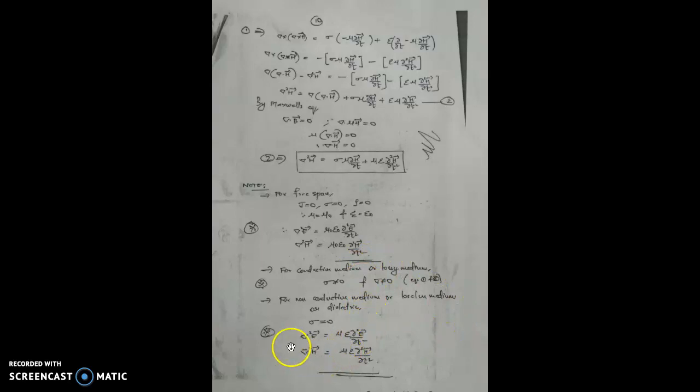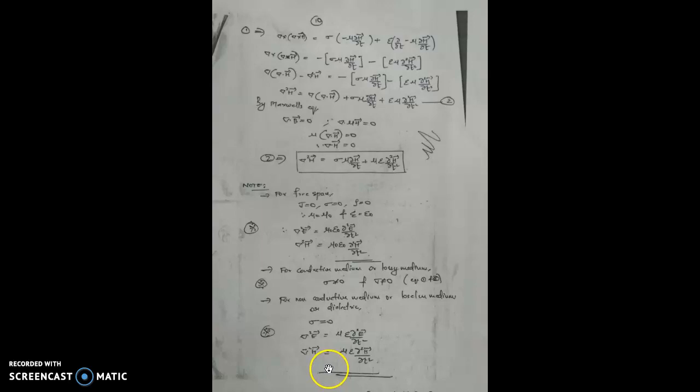Now the equations become del square E is equal to mu epsilon dou square E by dou T square, and del square H is equal to mu epsilon dou square H by dou T square. Because for a lossless dielectric, sigma is equal to 0, and therefore the first term of the two equations becomes 0, and you get the equation for a lossless dielectric.